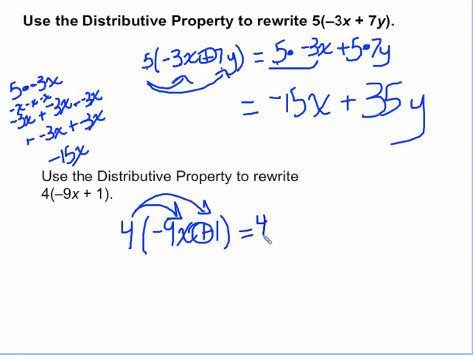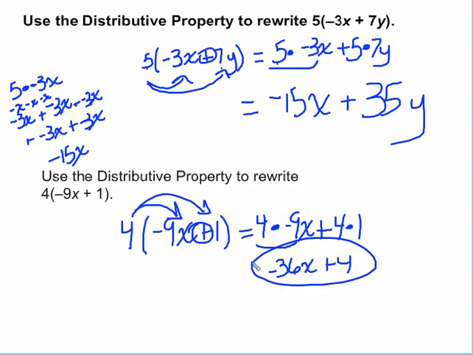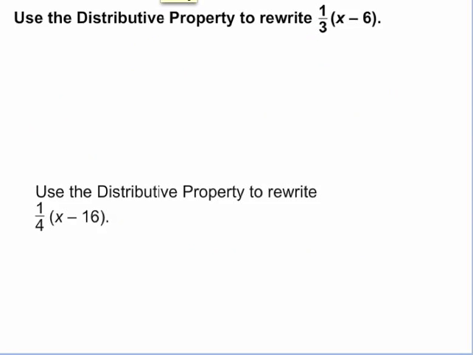So I know this is going to be 4 multiplied by negative 9x plus 4 multiplied by 1. According to what we just did in the last example, 4 times negative 9x, I'm just going to multiply the numbers. It's going to be negative 36x plus 4. Final answer. Okay?